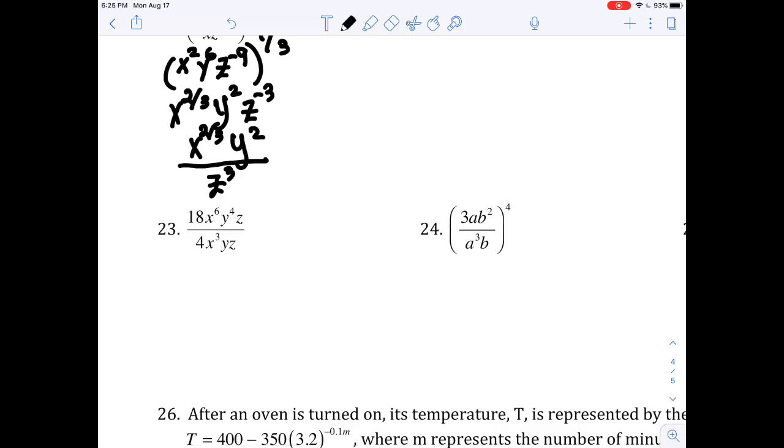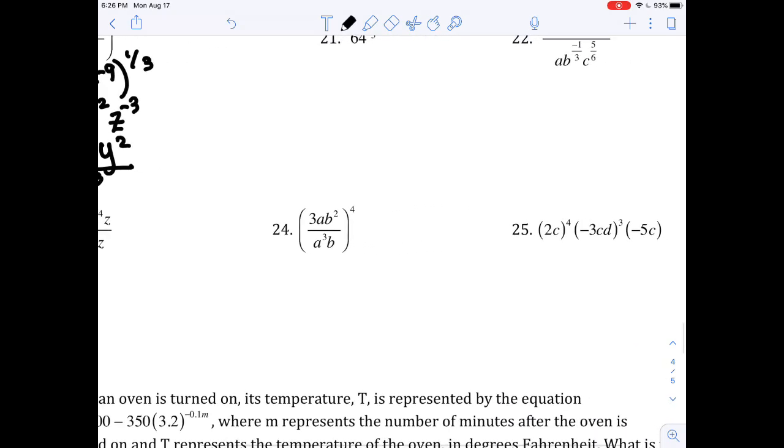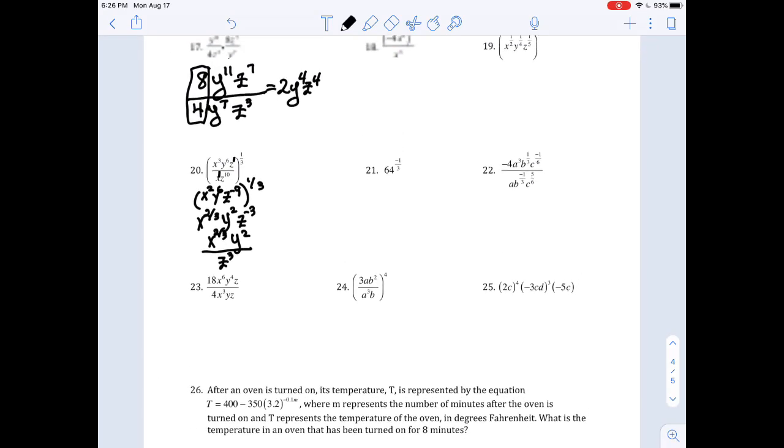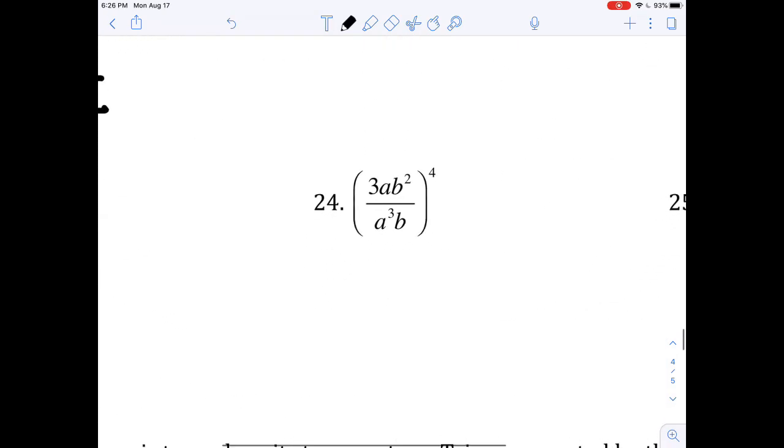All right. Last example is going to be over here with number 24. Again, I'm going to do what's inside the parentheses first, and then I'll apply that outside exponent of 4.